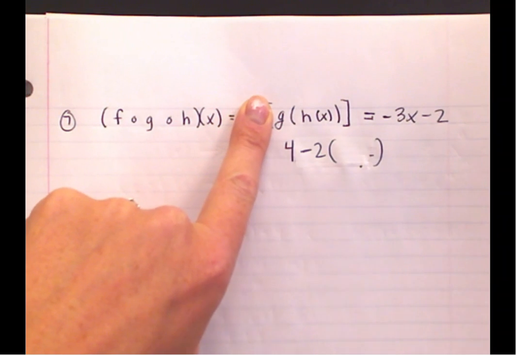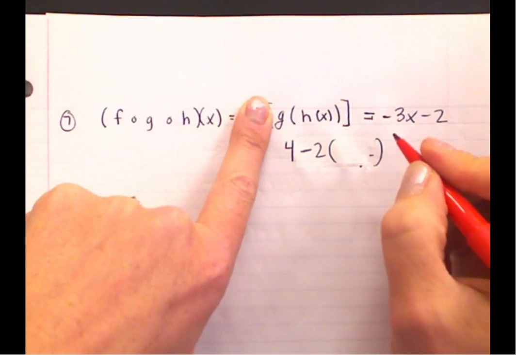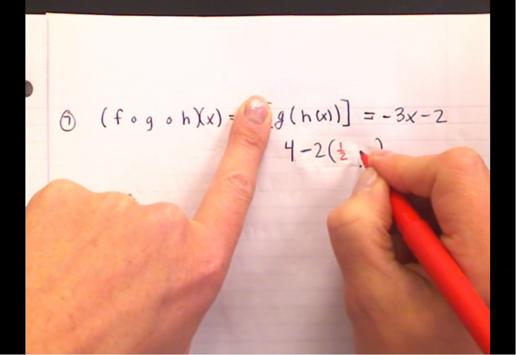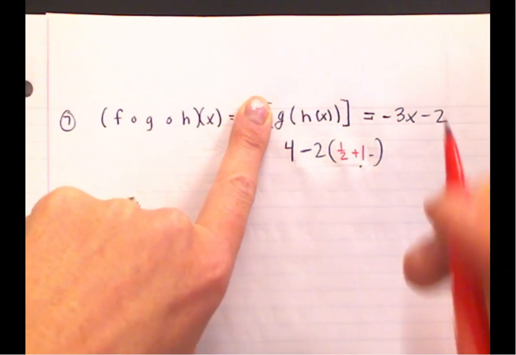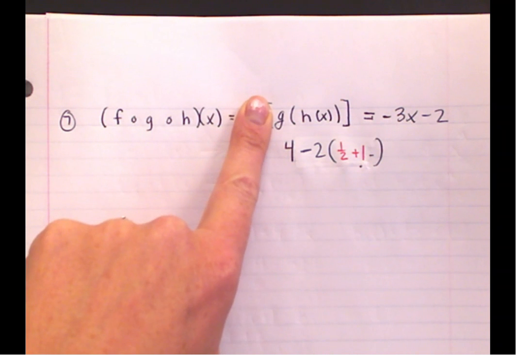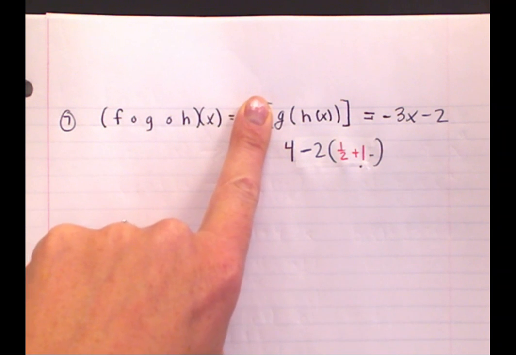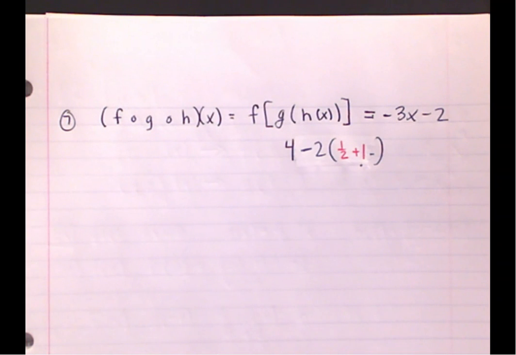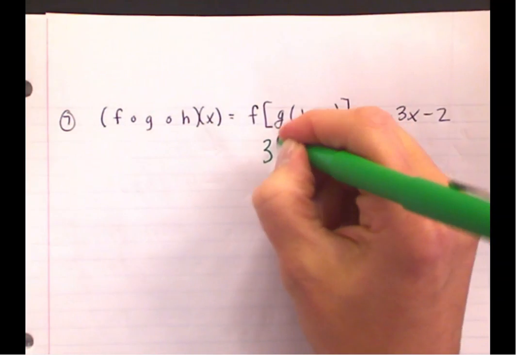Okay. Put my H of X in there, 1/2, plus 1. There's G of H of X. Got it. Now I need to do F of that. I'm doing it in 1 step, right? You feel free. Okay, so 3.